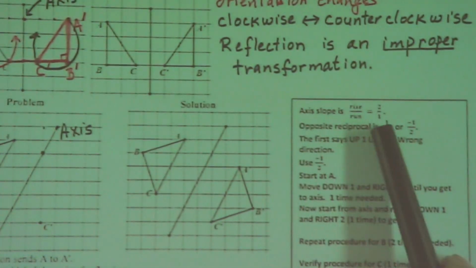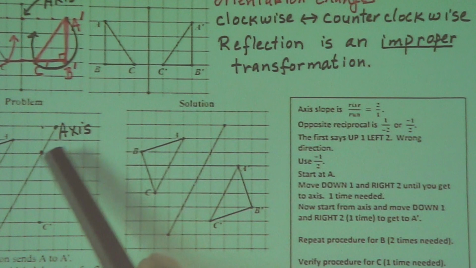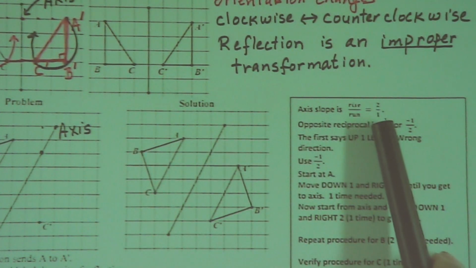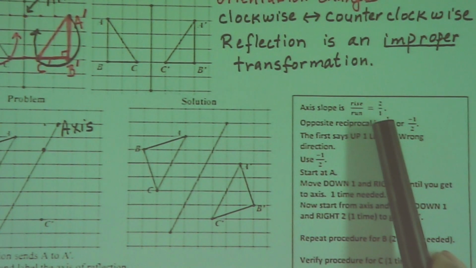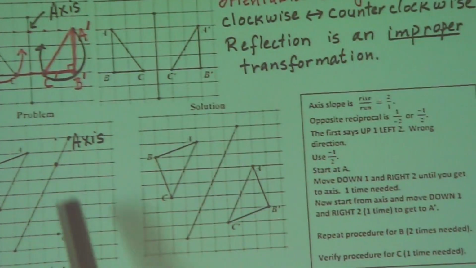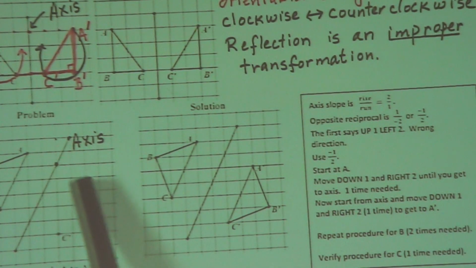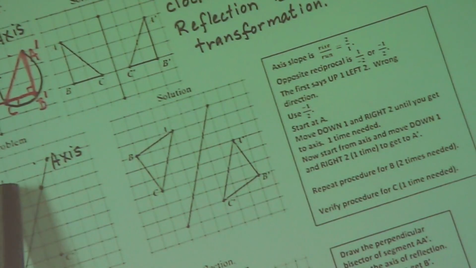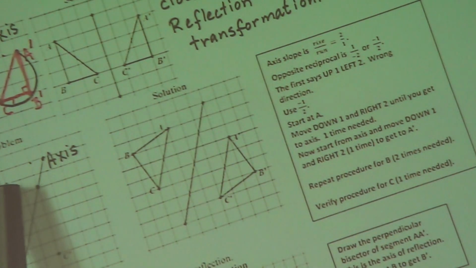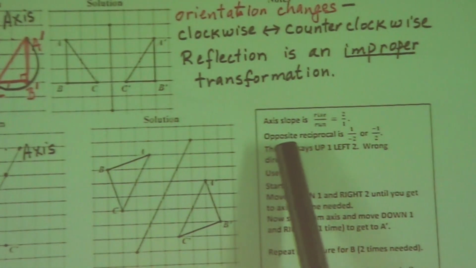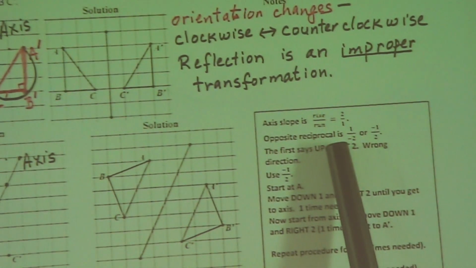So this is why the slope of the axis is 2/1. Now to find where A is going to end up, it's going to go straight across, it's going to be perpendicular. This is why you're going to use the opposite reciprocal that we talked about.